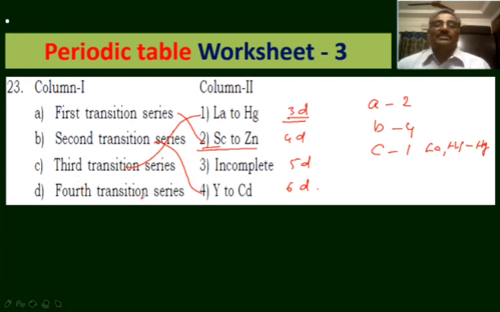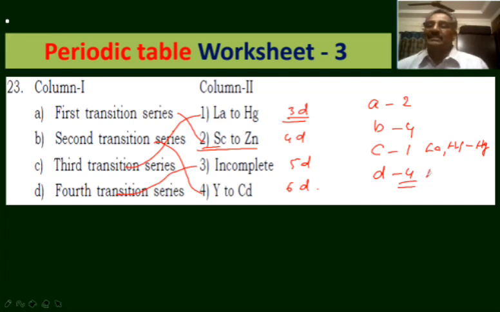Next, fourth transition series starts with actinium, but right now the fourth transition series also completed series, but earlier it was used to called as incomplete series. So fourth will be 3. So D4. Now it is completed.